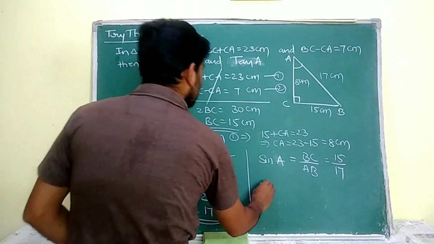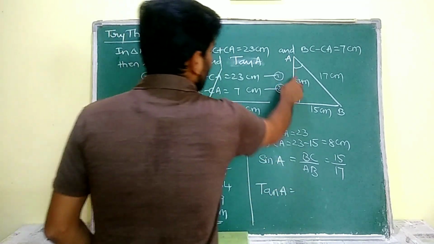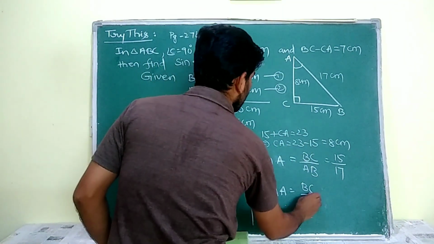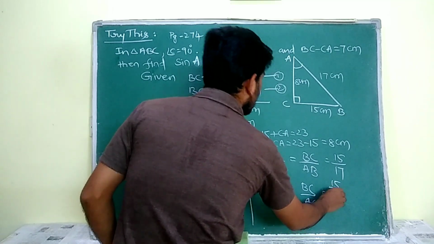And the second one is asking you to write tan A. Tan A means A's opposite side BC and A's adjacent side AC, that is equal to 15 by 8.